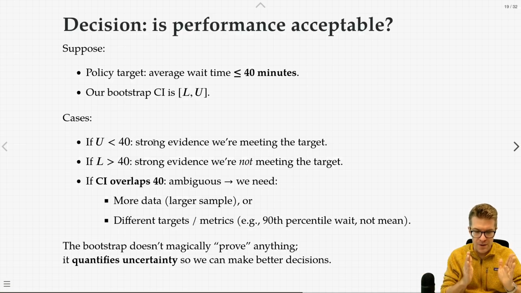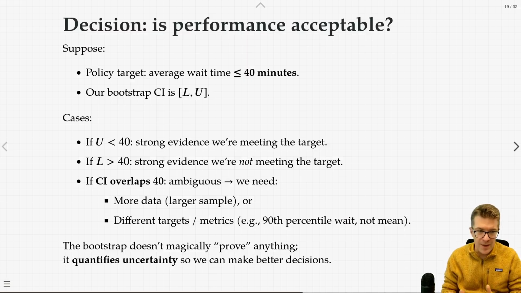So if 95% of the time, or if the 97.5 percentile is less than 40 minutes, that's pretty good. That's a pretty good estimate that we're hitting the target of 40 minutes or less.